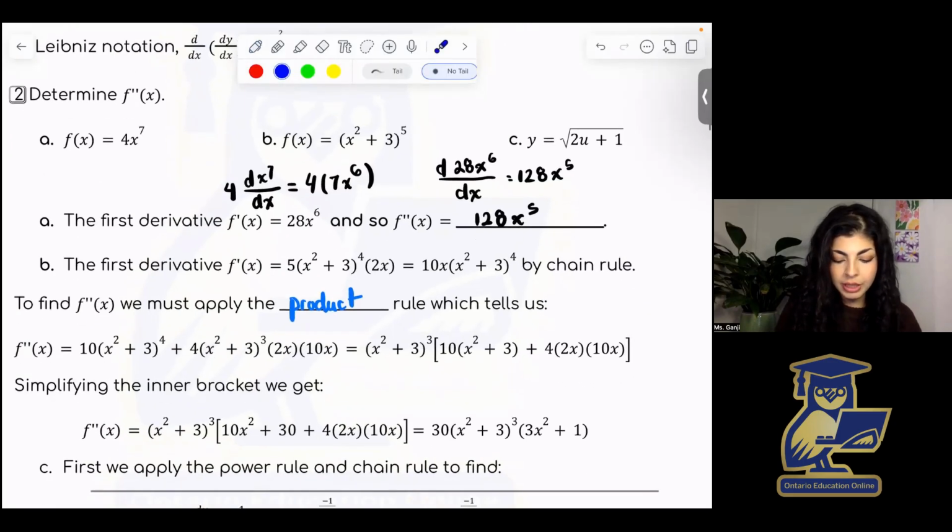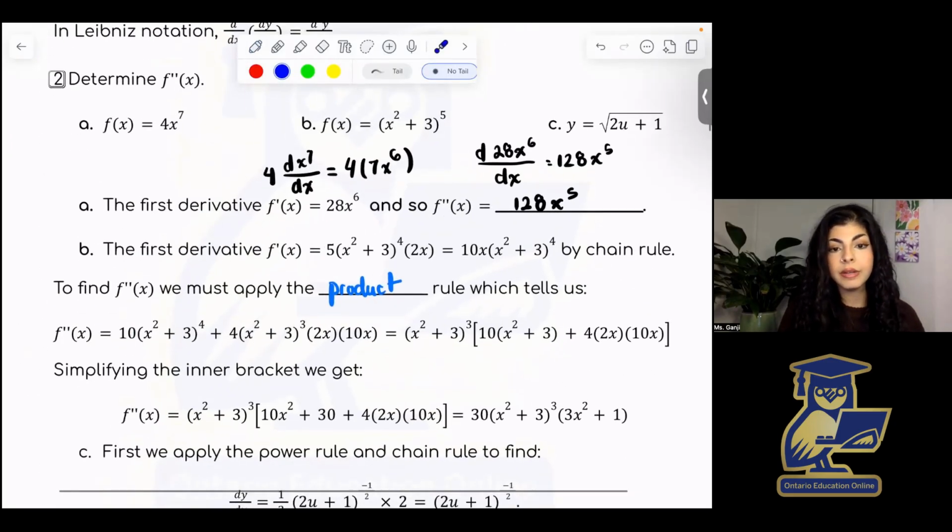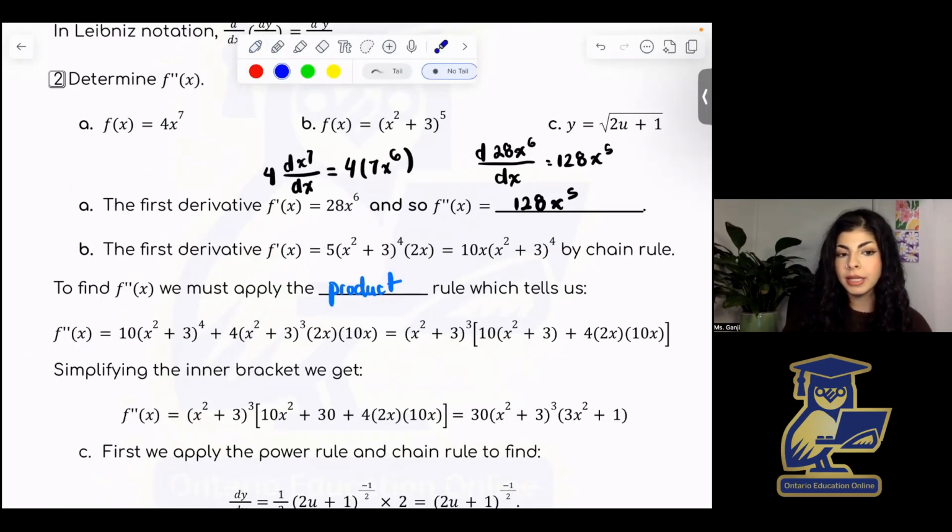And that's exactly what I've done here. So 10 is the derivative of 10x because if you remember, dx by dx is just 1. And then I just have x squared plus 3 to the power of 4. And now for this part, I'm taking the derivative of x squared plus 3 to the power of 4. So I have that coefficient of 4 and x squared plus 3 to the power of 3.